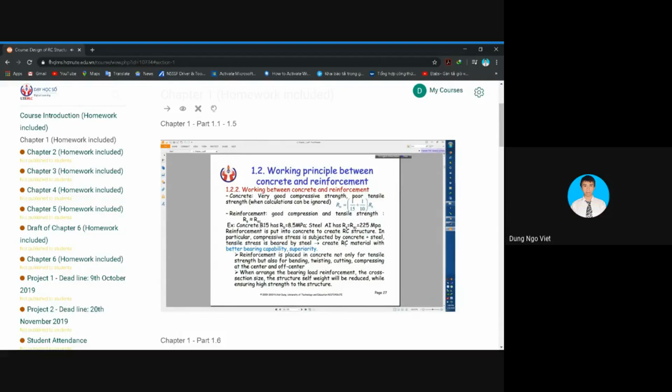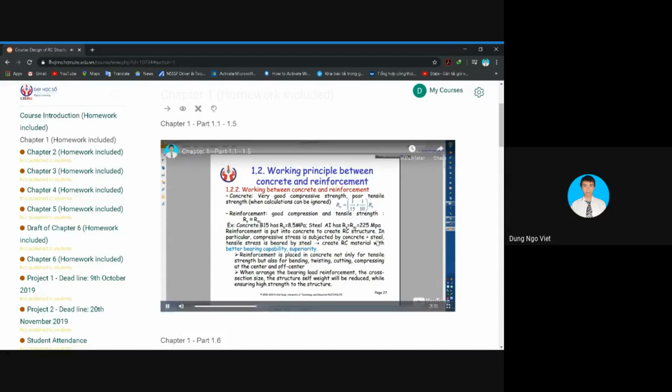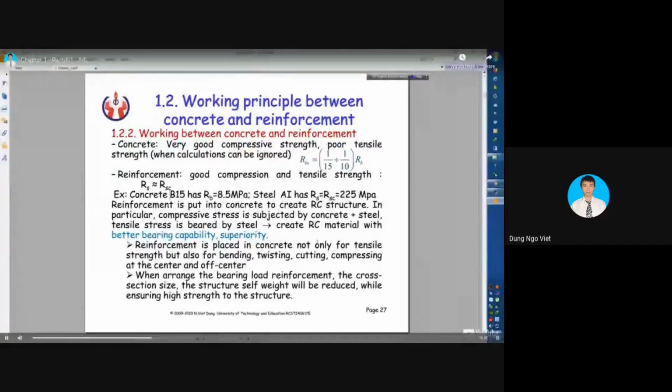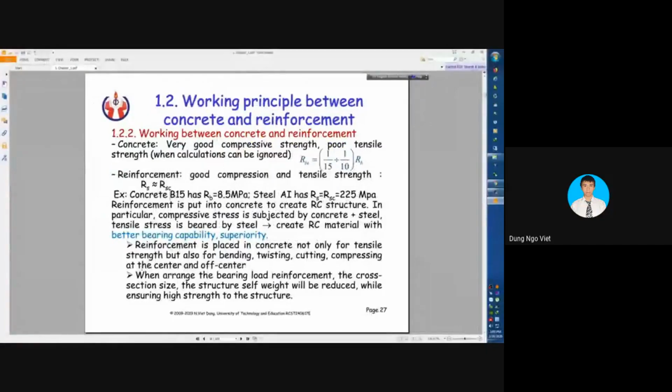In particular, compressive stress is borne by concrete and steel, and the tensile stress is borne by steel, to create reinforced concrete material with better bearing capacity and superiority.